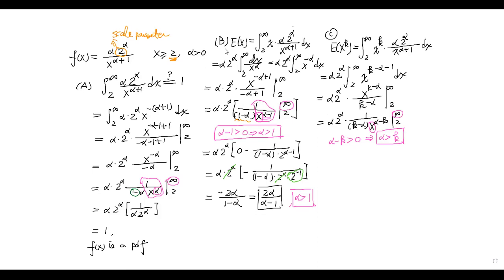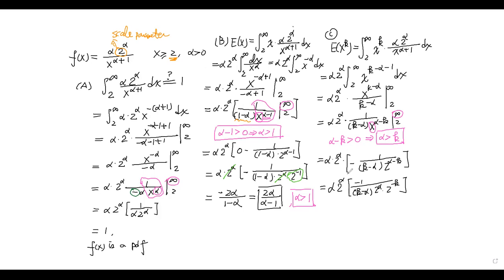So now we can do the same thing here. You plug in here, right? Okay, so this is the alpha, the 2 alpha, and then you put in 0 minus, right? Minus you put in the 2, so this is k minus alpha, and the 2 to the alpha minus k. See here. Okay, so just like we did for the previous one, we can take a look. So this is negative 1 over k minus alpha, then the 2 to the alpha, 2 to the negative k, right?